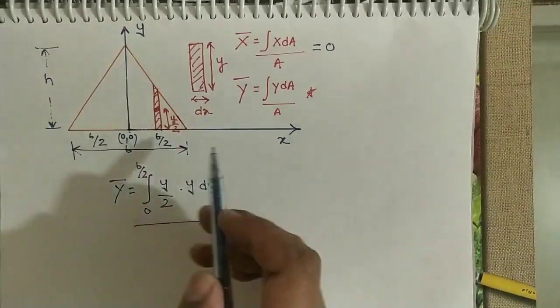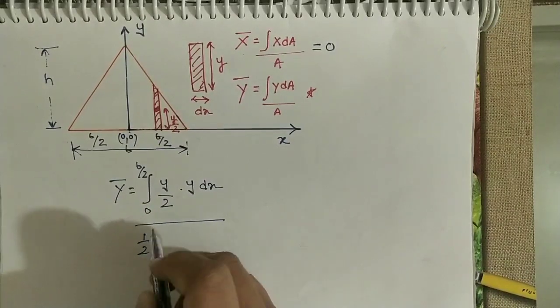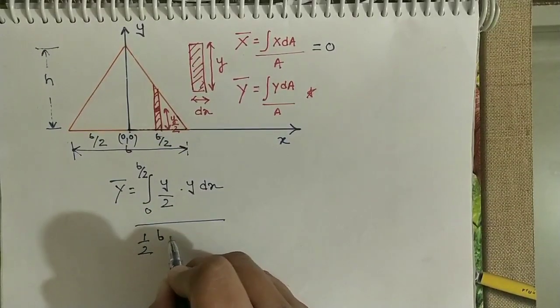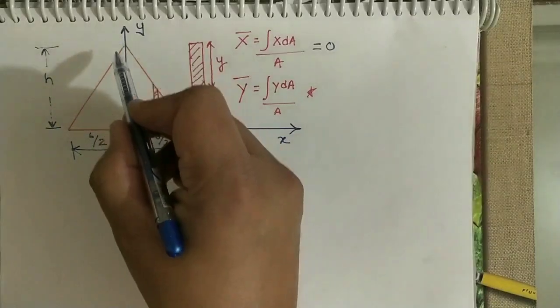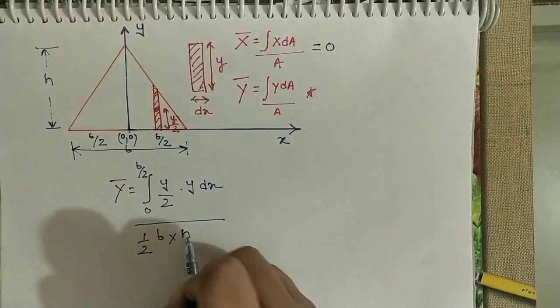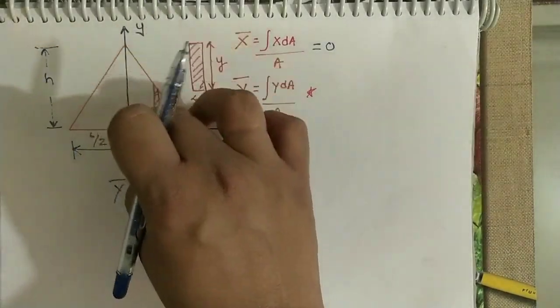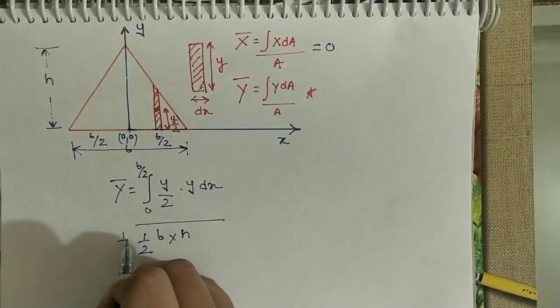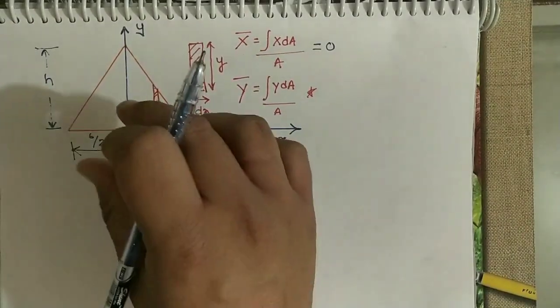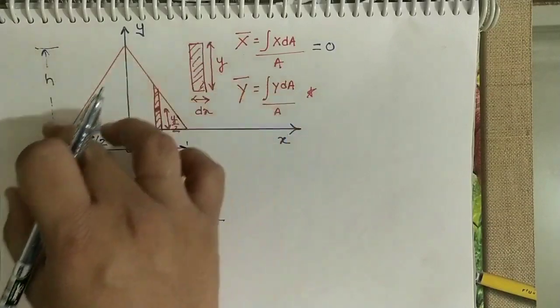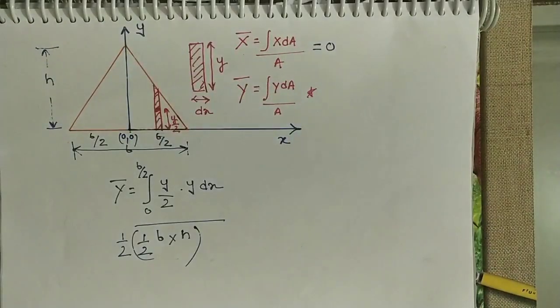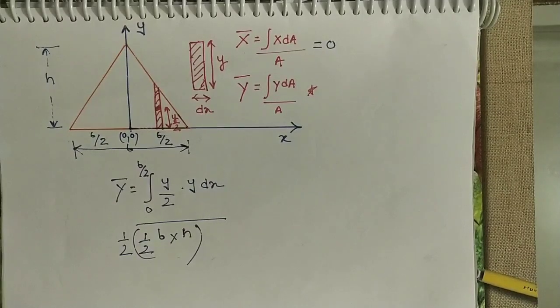So the area of the whole triangle is half base into this height, that is h, and this is half of this triangle, so half of the area of this whole triangle. Now let us simplify it.